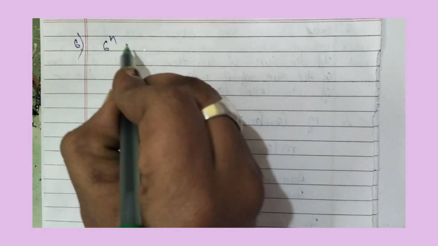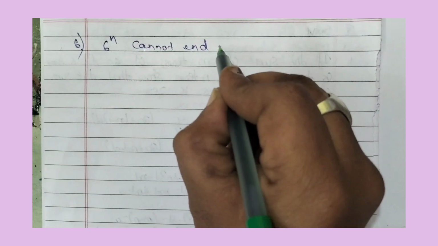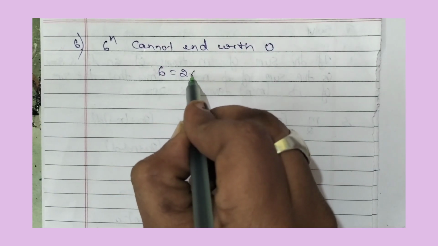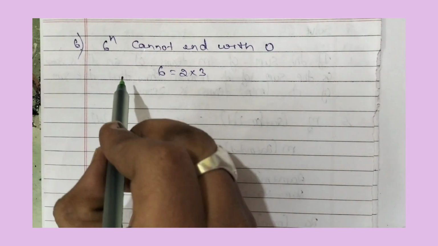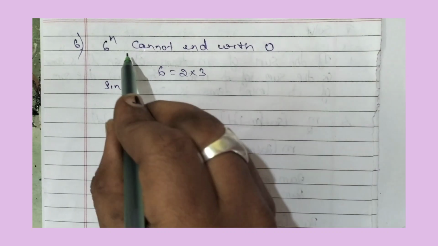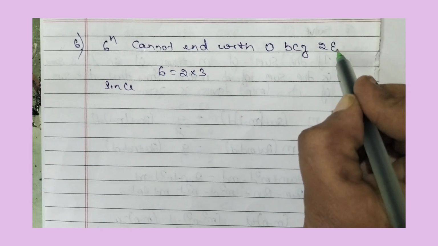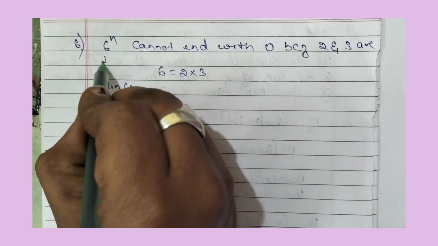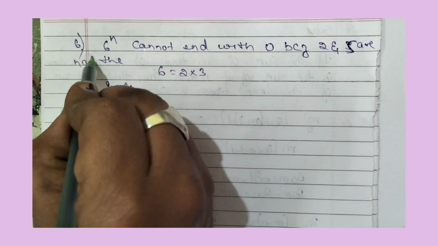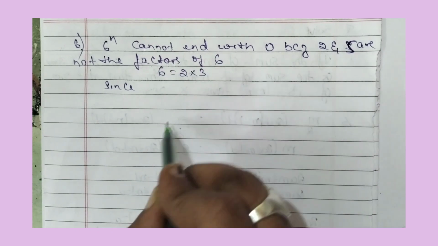So 6 to the power of n cannot end with 0, because 6 can be written as 2 into 3. So 6 to the power of n cannot end with 0 because 2 and 5 are not factors of 6.